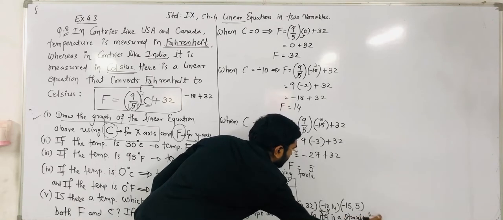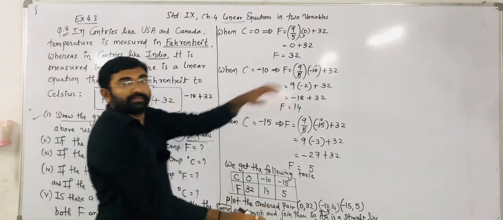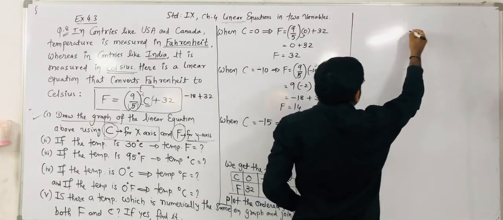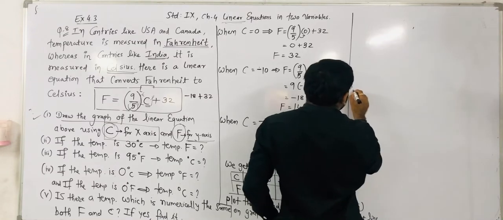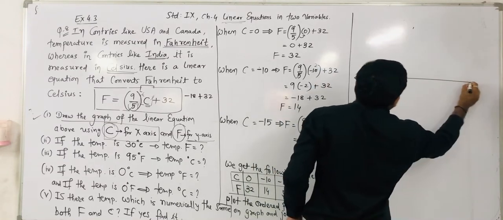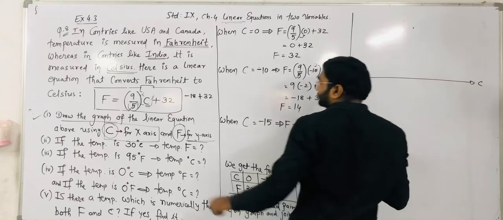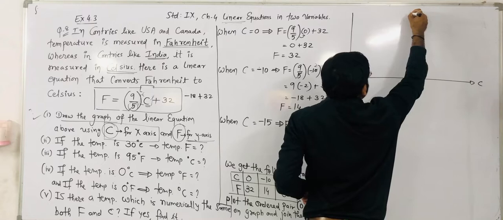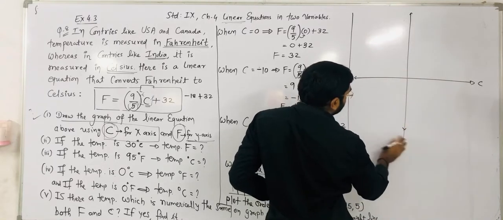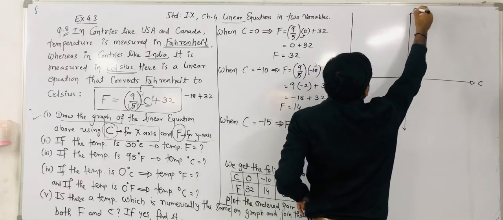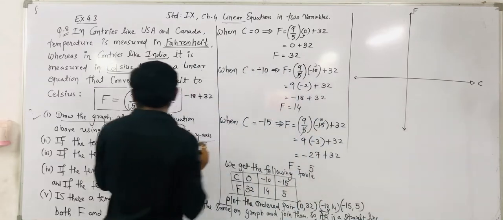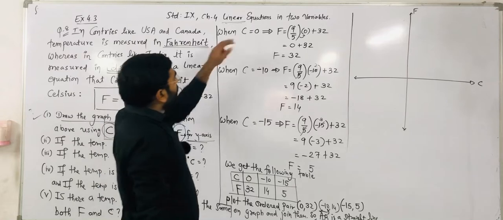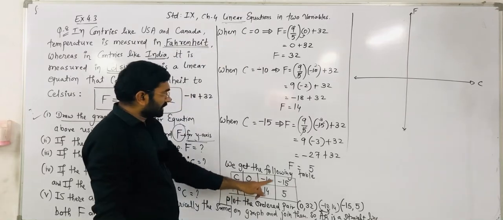Now we have to draw everything, so here I draw the graph. As per the question, on the x-axis we take Celsius, and on the y-axis we take Fahrenheit, as mentioned here. Now, which values do we take? For Celsius we have 0, minus 10, minus 15.